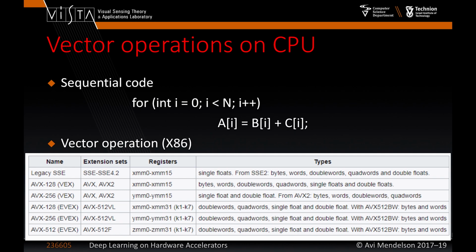In Intel today, before the AVX 512, they had 1,500 instructions. But I think that with the AVX 512, they added more than 100 more instructions just to support it.